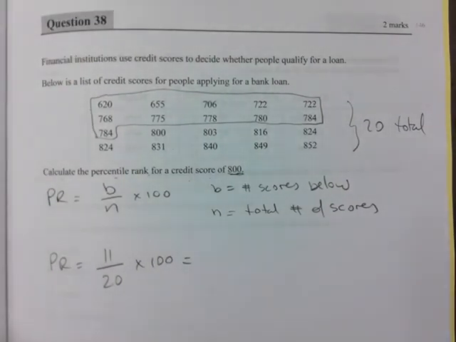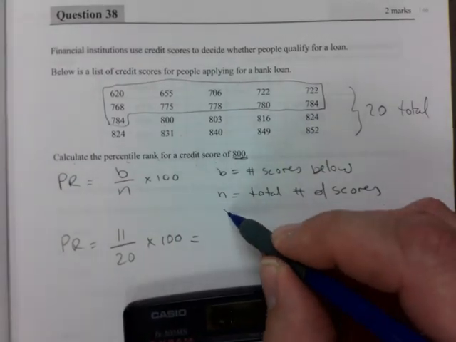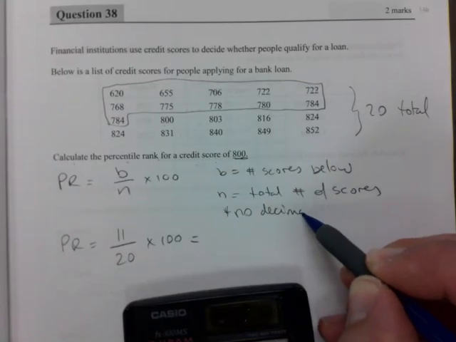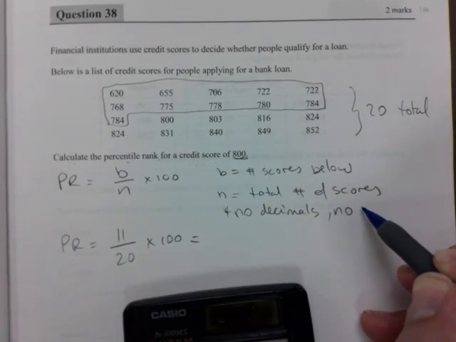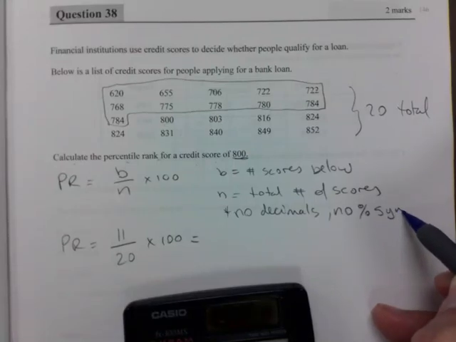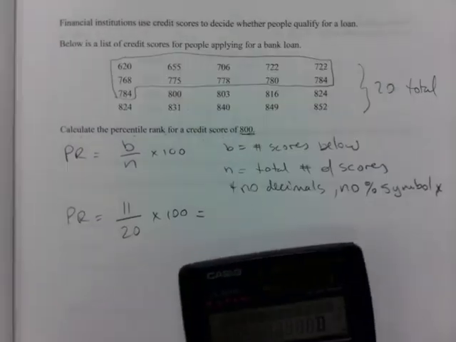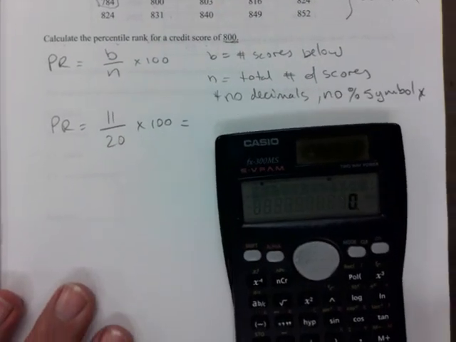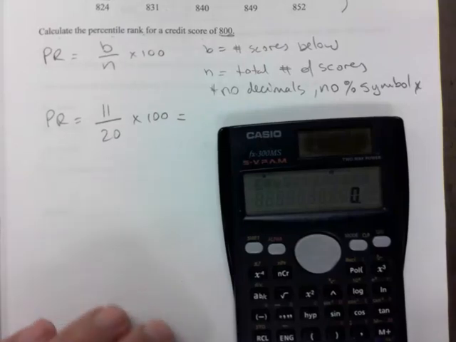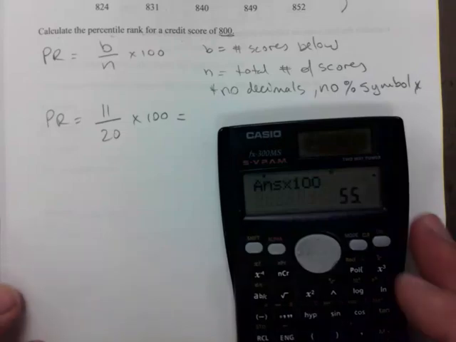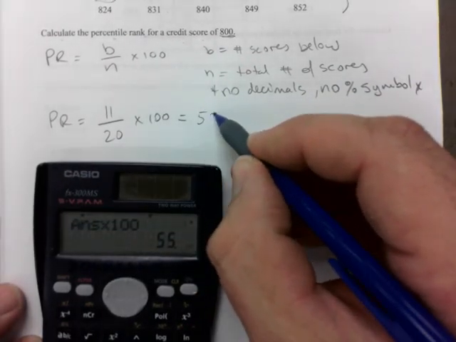I don't know if you remember that I gave you a little note: no decimals, no percent symbol. You should add that to your study sheet. It doesn't say it on the formula sheet. That's why I want you to have this on your study sheet. So 11 divided by 20 times 100 is exactly 55.